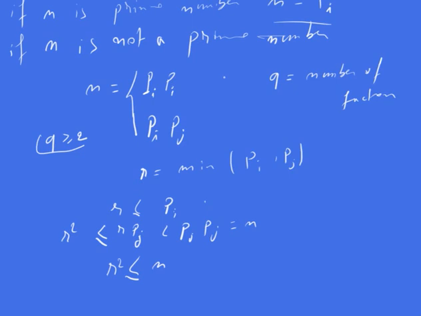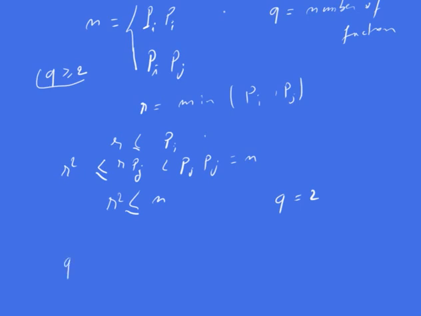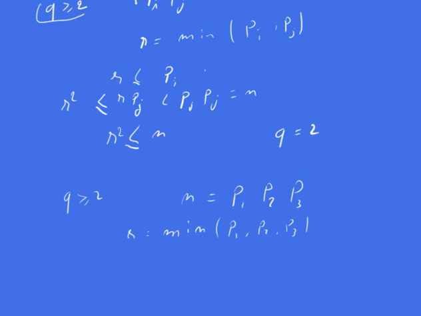That is true for the number of factors equal to 2. It is still true if the number of factors is more than 2. For example, if we have 3 factors or more, n equals p1, p2, p3. So let r be the lowest factor, p1. Then we can write n as r times l, where l is the rest of the factors.